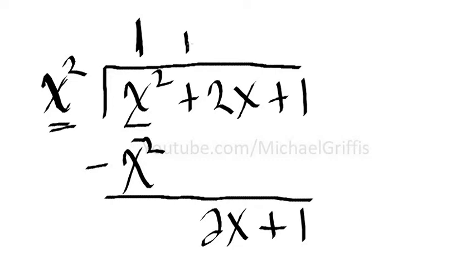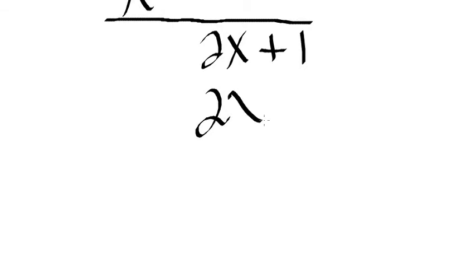Oh, all of a sudden I lost my train of thought here. 2x, right? Yeah. Then you just multiply 2x times x squared. You get back what we started with. So this becomes 2x minus 2x is 0. Then bring down the 1.